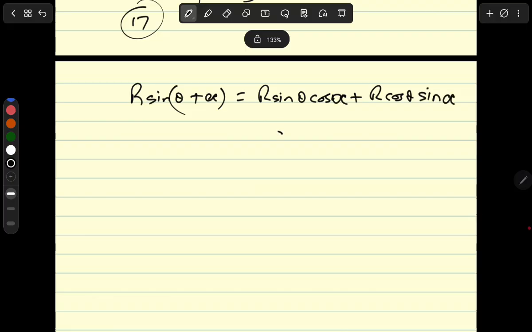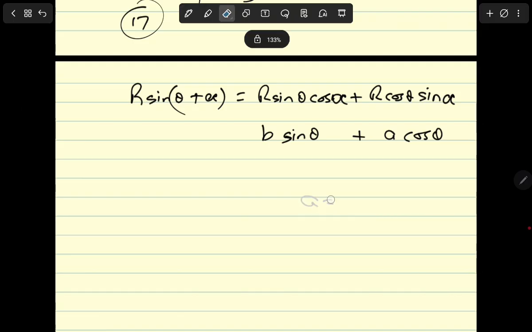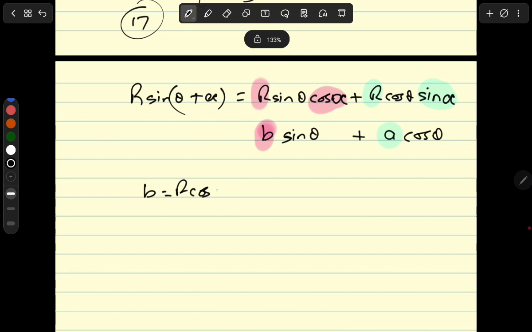Now if I compare this with a cos theta plus b sine theta, let me highlight it so that you can identify. So this a is similar to r sine alpha, and this b is similar to r cosine of alpha. So let me write it down as such. So this becomes b is equal to r cos alpha.